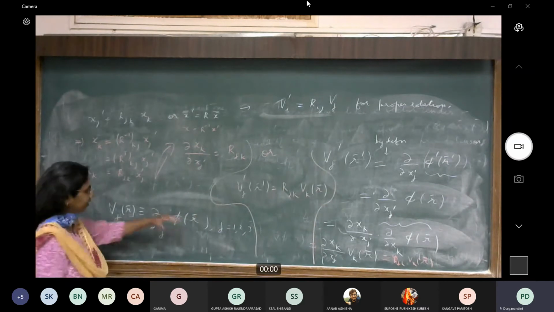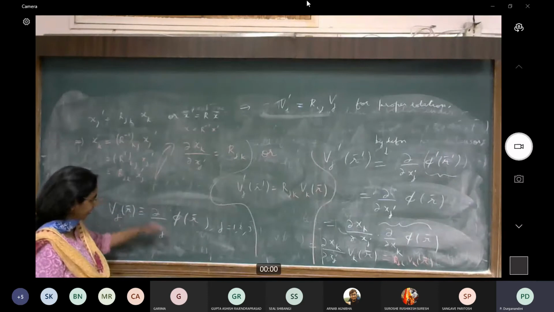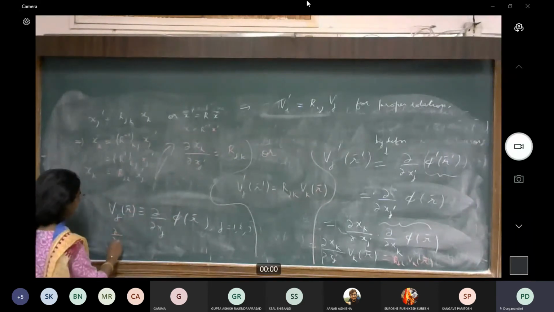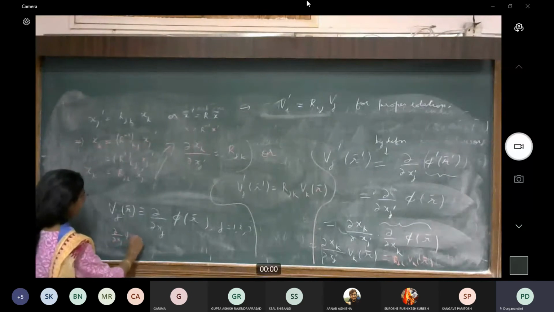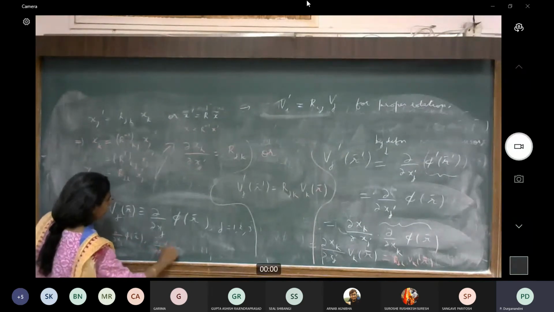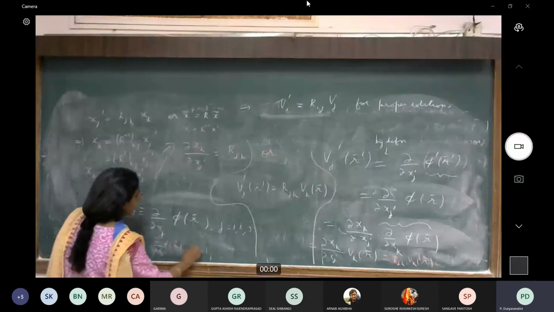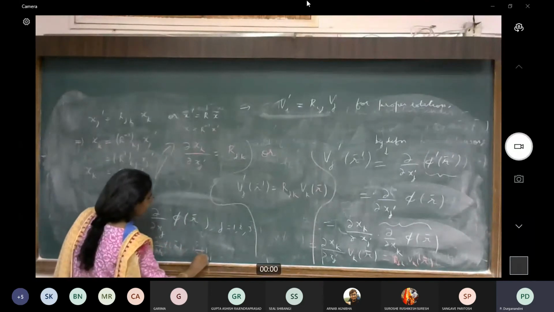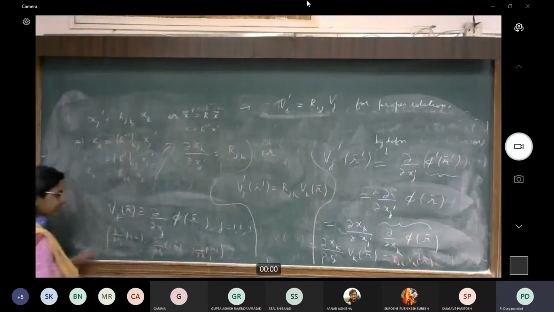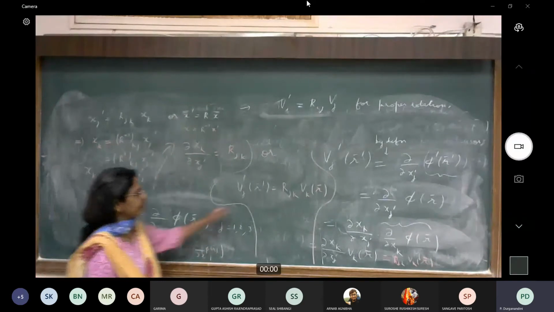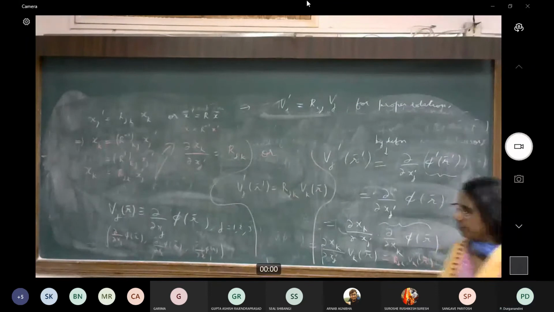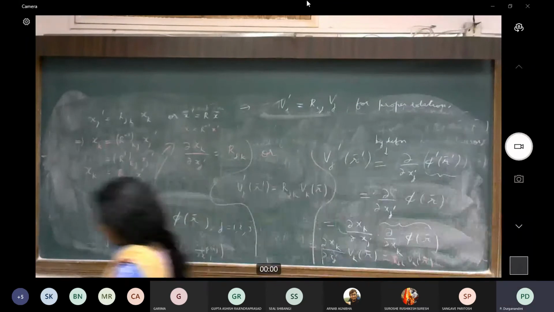Given that phi of r is a scalar field, if I construct the gradient, I am taking del by del x1 of phi of r, del by del x2 of phi of r, and del by del x3 of phi of r. This set of three objects transforms like a tensor field of rank 1. That's what we can show explicitly.